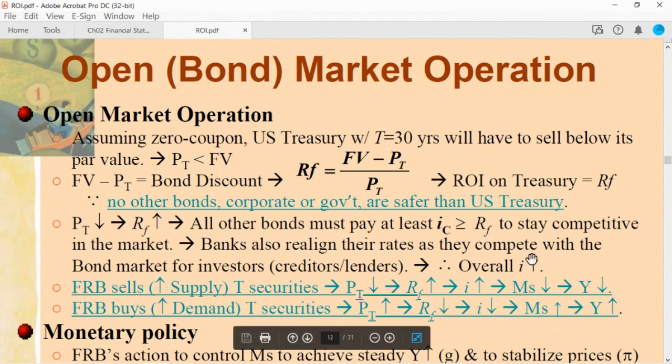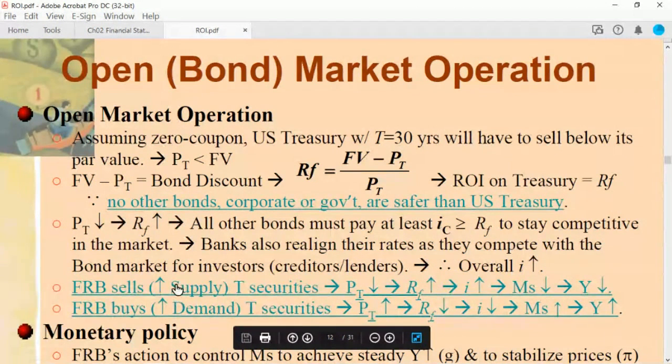So the companies borrow less. Individual households also borrow less. Then there's a decrease in money supply. As the money supply goes down, the entire output of the economy goes down too, right? So it cools off the economy, and the opposite is true in the opposite case.